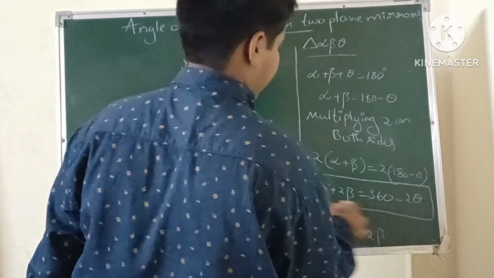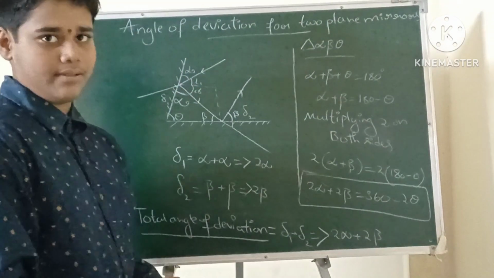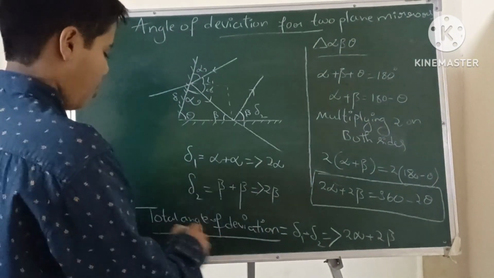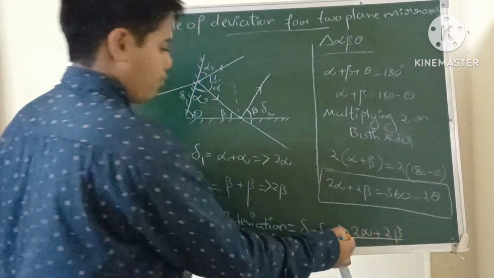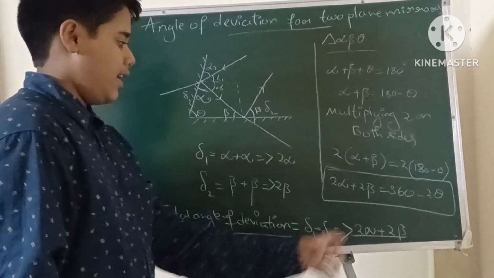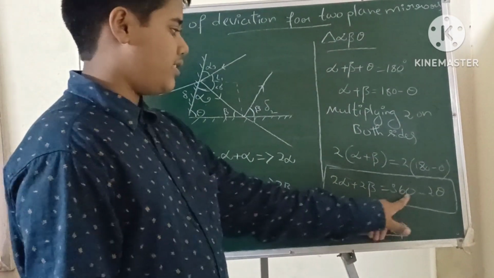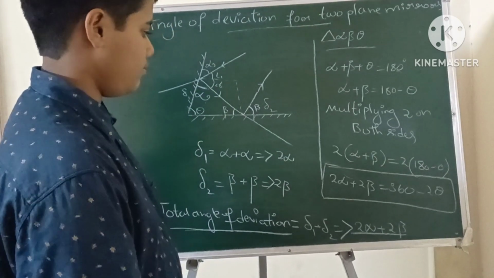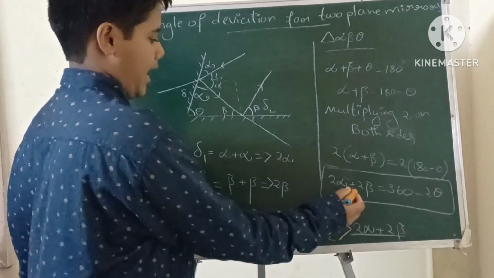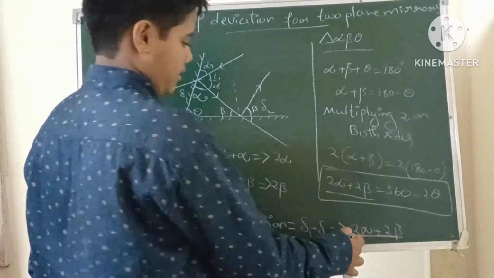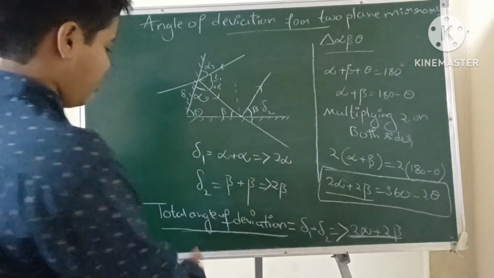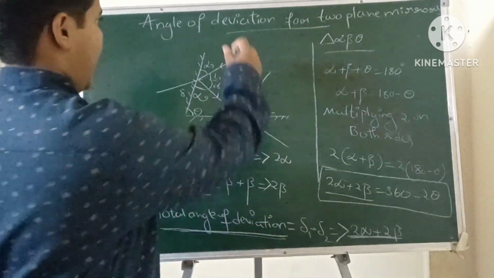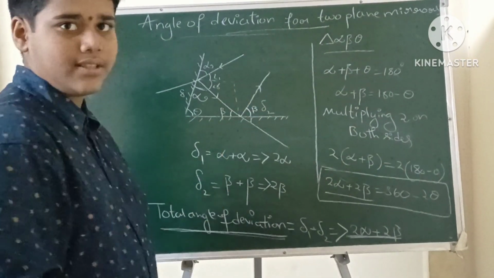So this is the angle of deviation for two plane mirrors. Here total angle of deviation is 2 alpha plus 2 beta and here angle of deviation is 360 minus 2 theta. Okay, so this is the angle of deviation. Here total angle of deviation means angle of deviation in two plane mirrors.